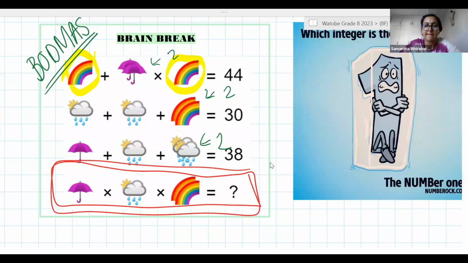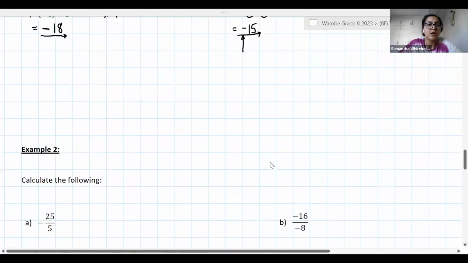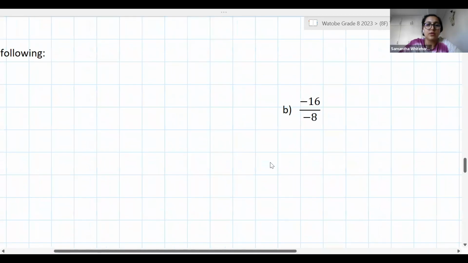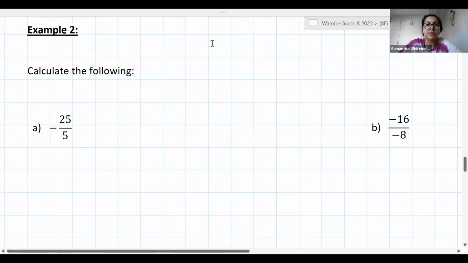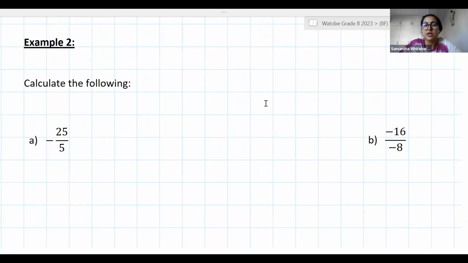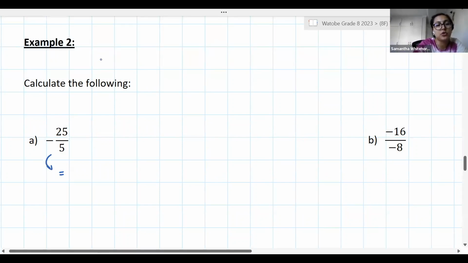Okay. Right, so before we end off, I just quickly want to chat about 2 division examples, just so that we can see that the same rules apply when we're doing division. So if we have a look at question A, we've got negative 25 divided by 5. If the fraction confuses you, you can always write it with the division sign.